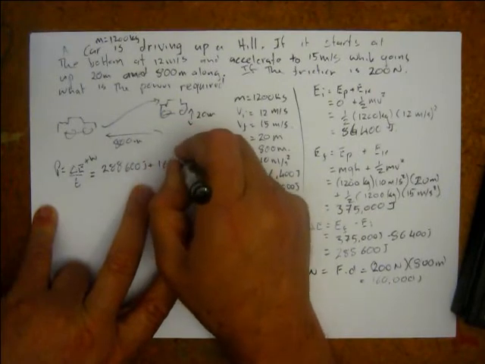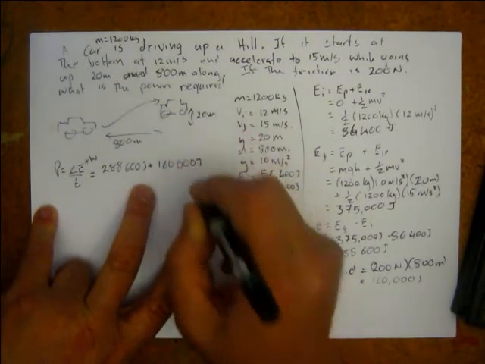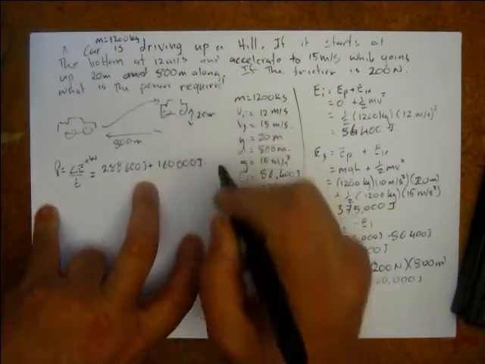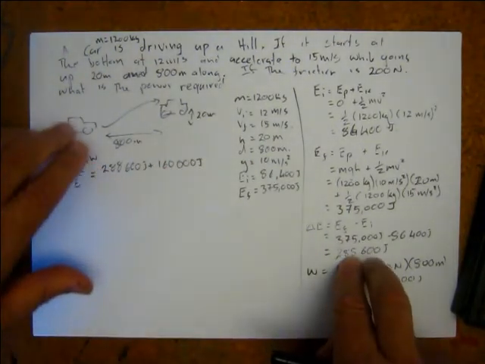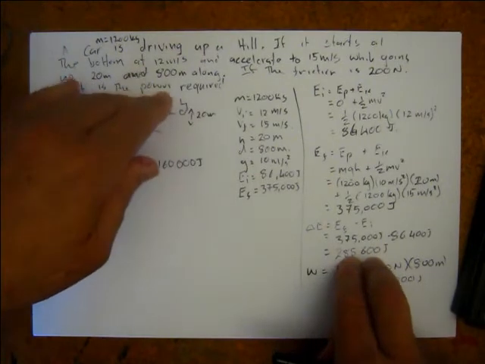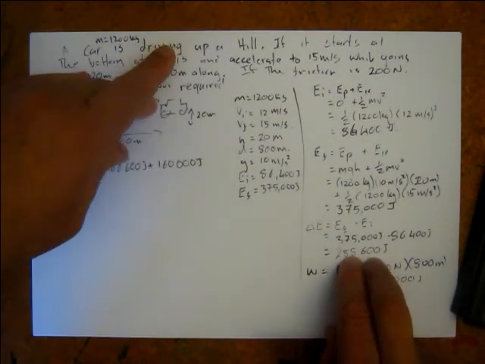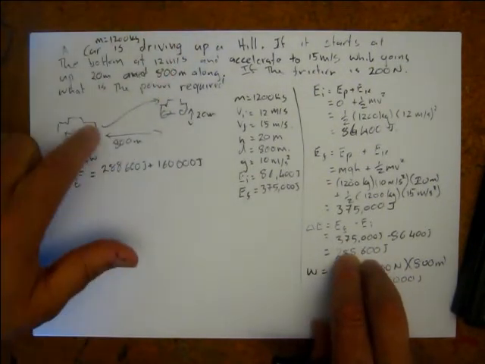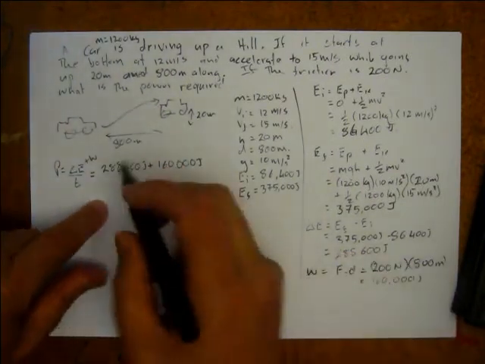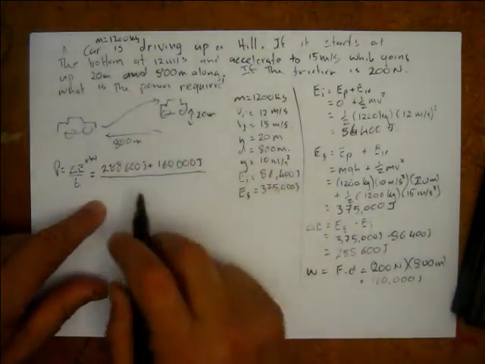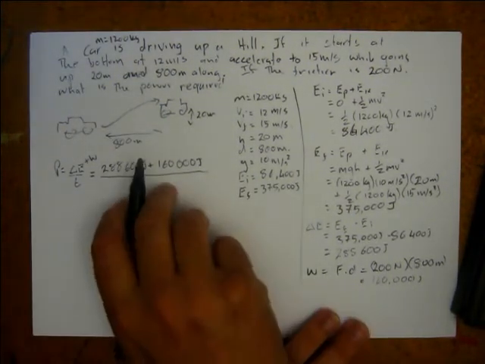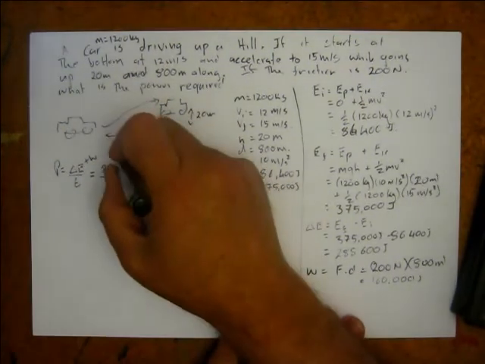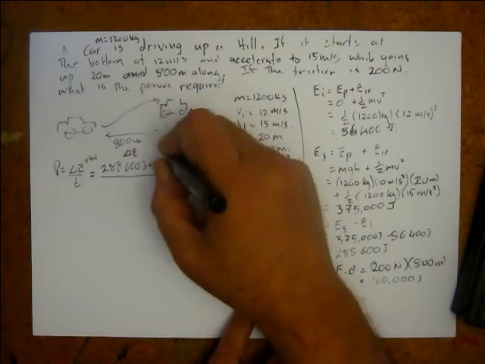So the car engine has to supply the 288,600, which shifts the car up the hill and accelerates it, and it also has to overcome the friction. So the total amount is a change in energy plus work.